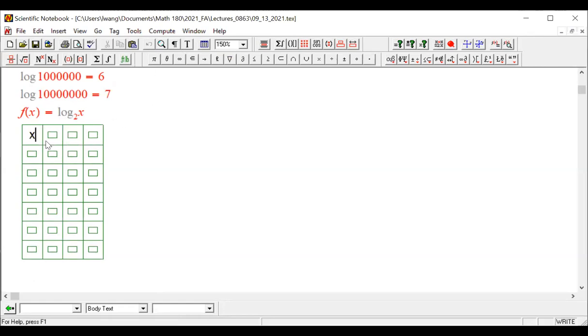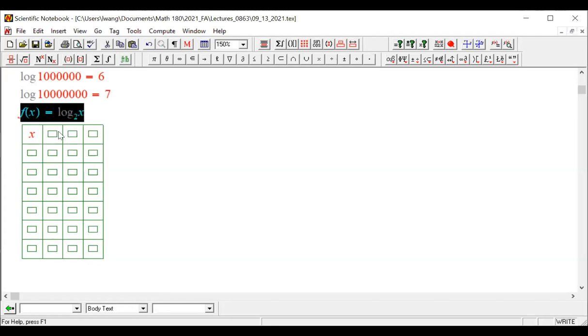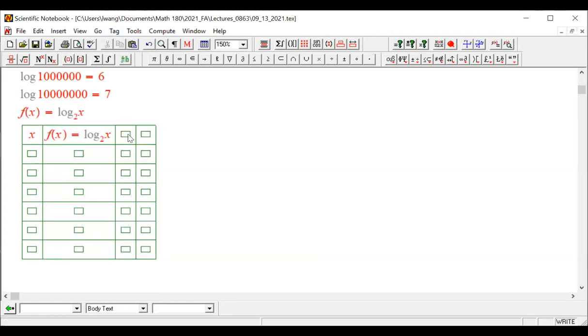X, the input, log base 2 of x. I'm going to give you some input. The first input I'm going to give you is 1. The second input is 2. The next input is 4.